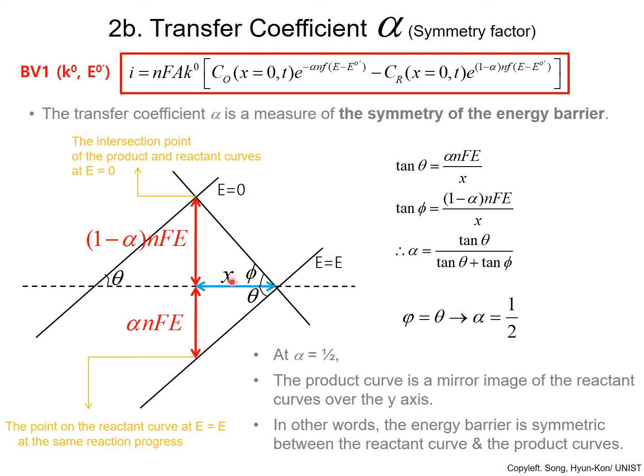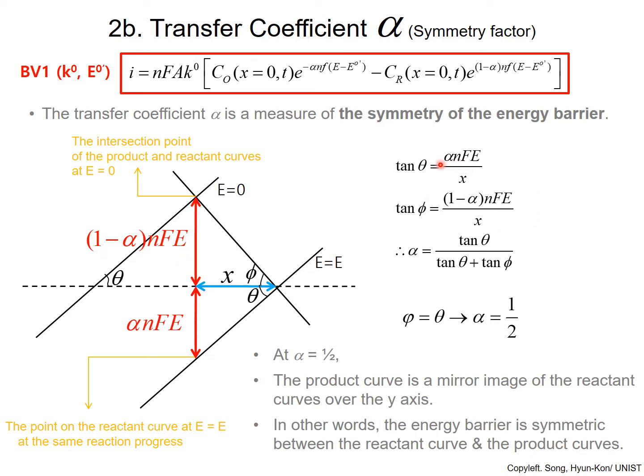Then with this geometry and related parameters, we could calculate the alpha value in terms of theta and phi. Tangent theta is equal to alpha NFE per x. Tangent phi is (1 minus alpha) NFE per x.